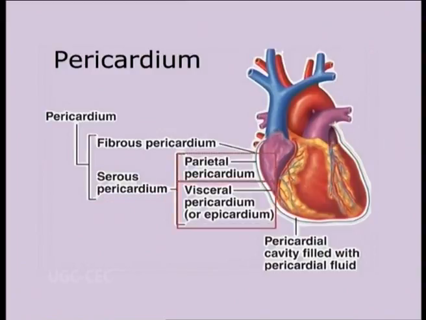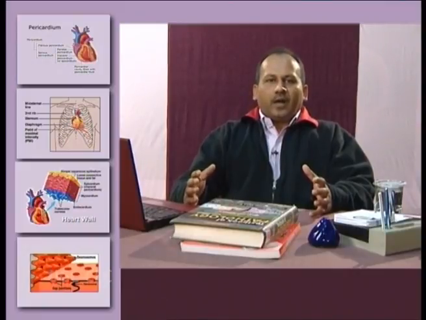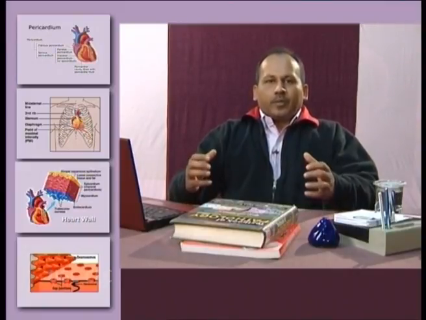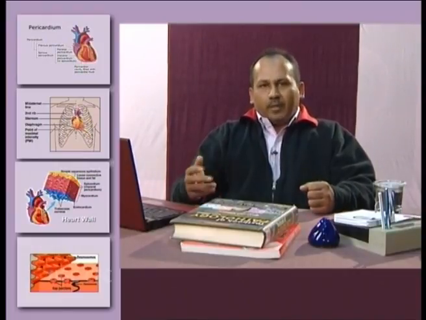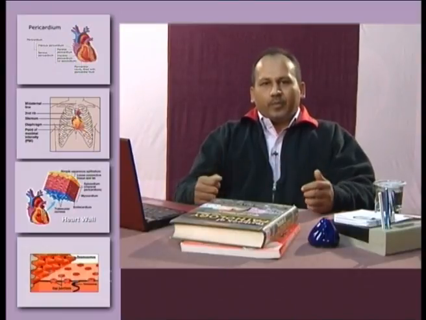The parietal and the visceral layers are the innermost layers, and in between the fibrous and the serous pericardium is the pericardial fluid. Now, this pericardial fluid is the one that is protecting the heart by absorbing shocks, jerks, etc. If you jump, for example, or if you meet with an accident, the heart is absolutely protected.